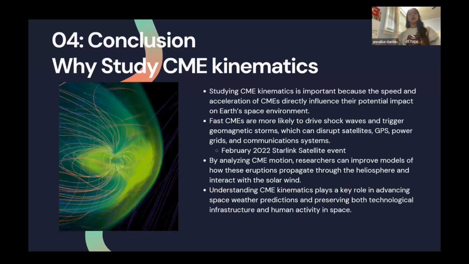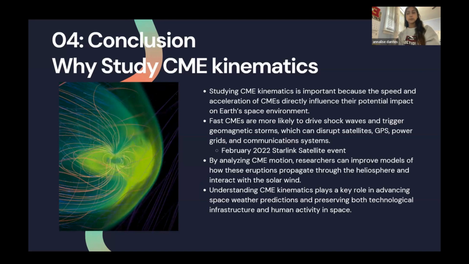Lastly, I just want to talk about why I'm studying CME kinematics. I mentioned before that the kinematics, such as speed and velocity, have a major impact on how much the CME can affect the geomagnetosphere. Especially because fast CMEs are likely to drive shock waves and trigger geomagnetic storms, and these can disrupt satellites, GPS, power grids, radio communication systems, things like that, anything that travels in radio waves.